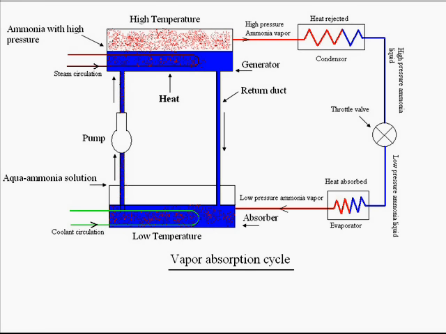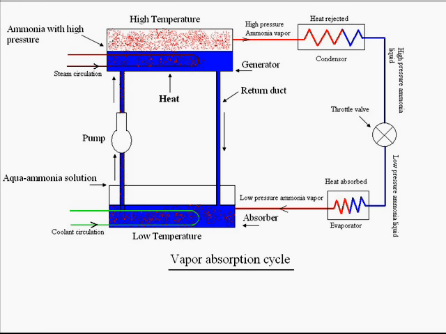This throttled refrigerant is passed through the evaporator to absorb heat and then again fed to the absorber to make the solution of the absorber strong. Thus, we can see that this generator absorber system is replacing the compressor of the vapor compression cycle, and in this way refrigeration effect is being developed. This is the basic principle of working of the vapor absorption cycle.